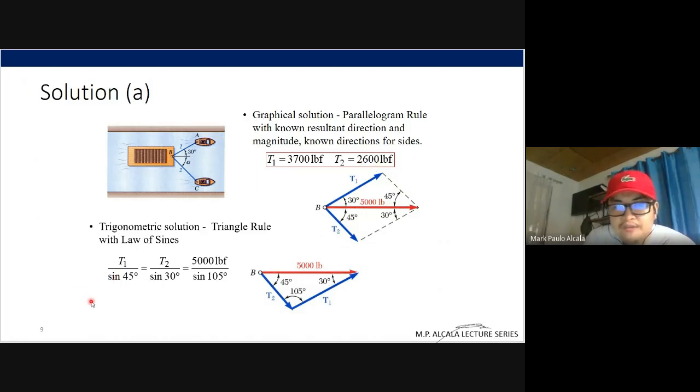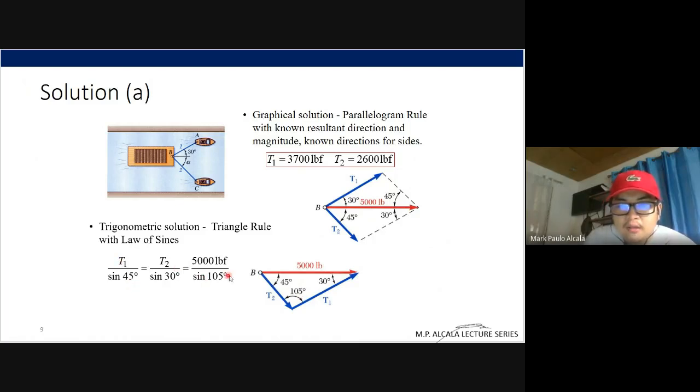But using the law of sines, so this will be tension 1, this one will be also tension 2. Okay? So, from our triangle law, this will be our diagram. 45 degrees, 30 degrees, and the included angle is 105 degrees.